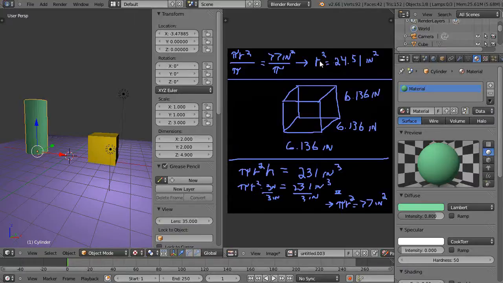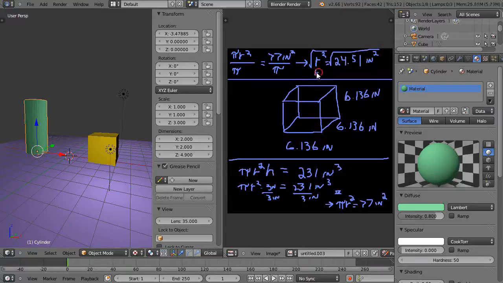Now to get r by itself, essentially meaning to find the radius of the circle or the radius of the cylinder, I have to take the square root of both sides to get rid of that exponential term. So I'll put my square root symbol there and here, and so this ends up being r.